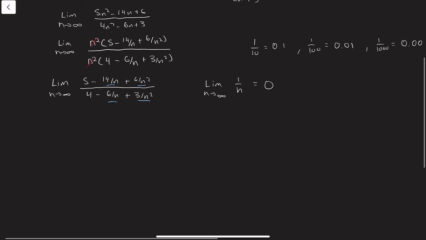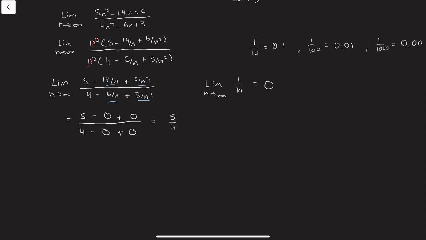So let's actually do that and evaluate this limit. We have 5 minus 14 over infinity, well, that's 0, plus 6 over infinity squared, that's 0. And recall, infinity is not an actual number. It's just a construct. It just means as we get larger and larger, what happens to our function value. So minus 6 over infinity, again 0, and 3 over infinity squared, again 0. So then our limit is just 5 over 4.